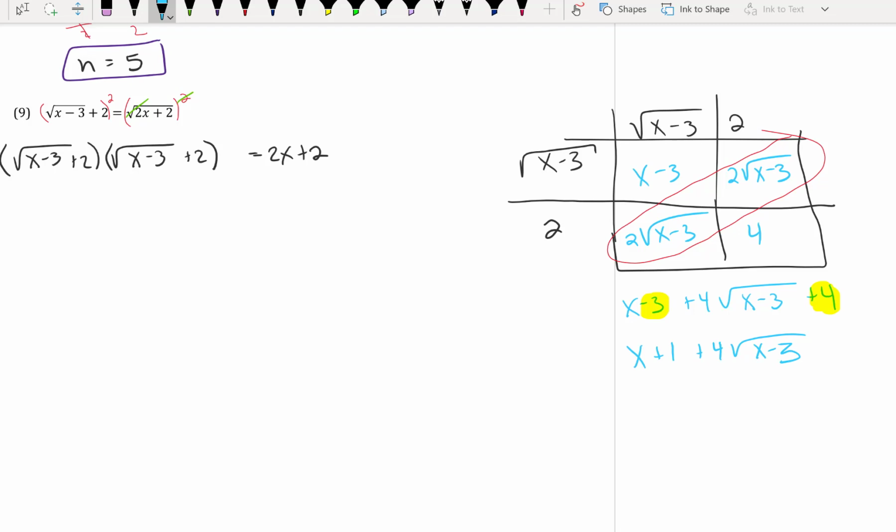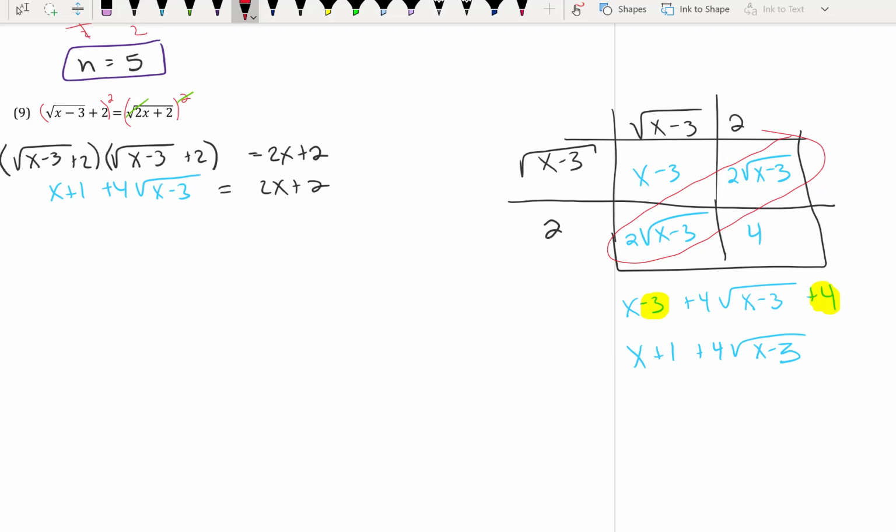Again, I like to do my scratch work over to the side so it doesn't mess up what I'm doing, but at least I can go back and check it in case I made a mistake somewhere. So when I FOIL this out, I ended up getting x plus 1 plus 4 square root x minus 3, and I still have that 2x plus 2 on the other side.